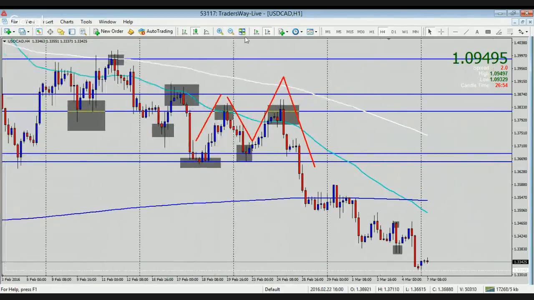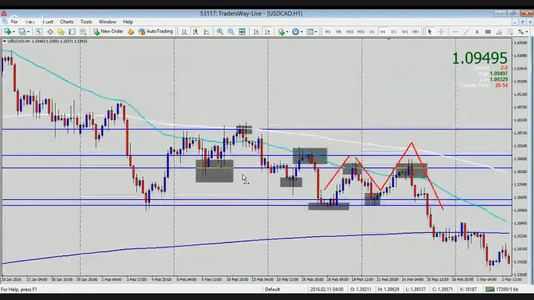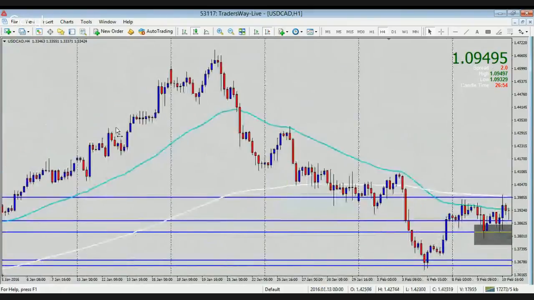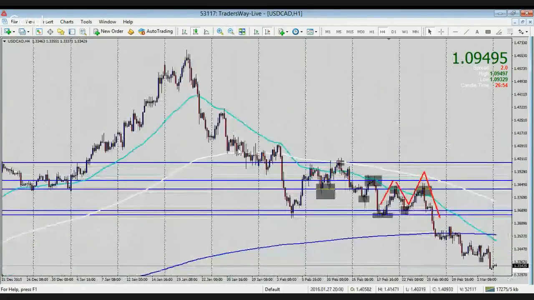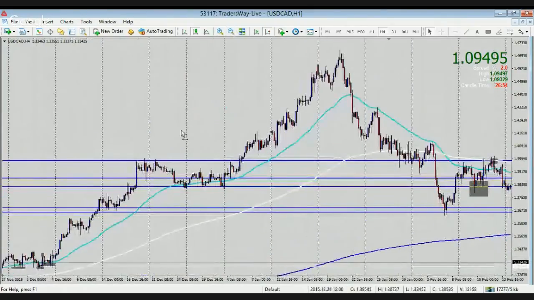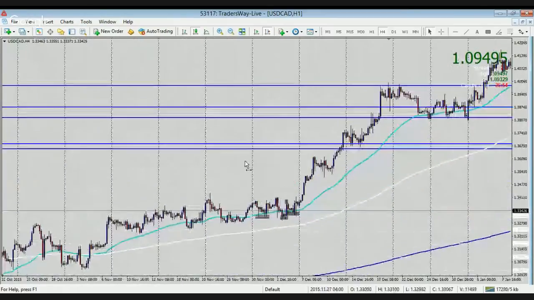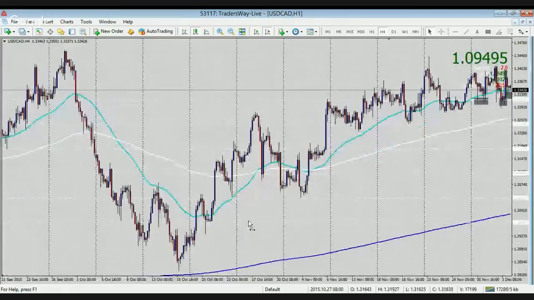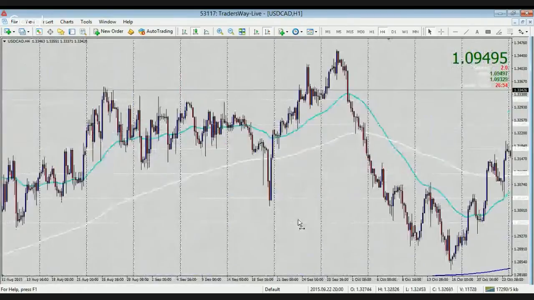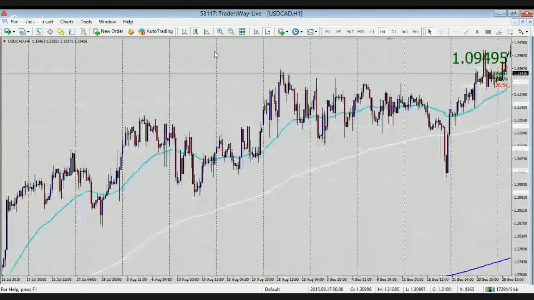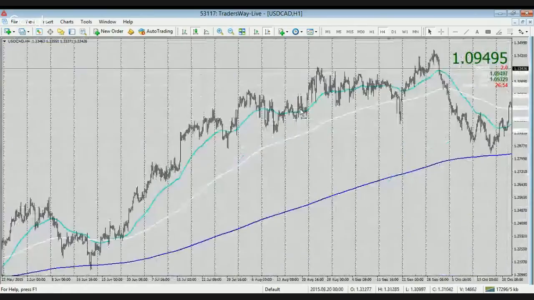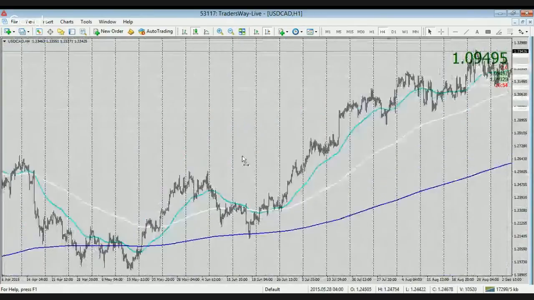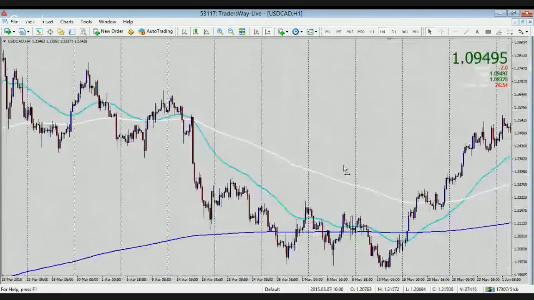Actually, no, that's not a valid formation. Let me show you guys a valid formation. That's too small. I want to show you guys a big W, that way it's clear. Okay, hopefully this one's one.